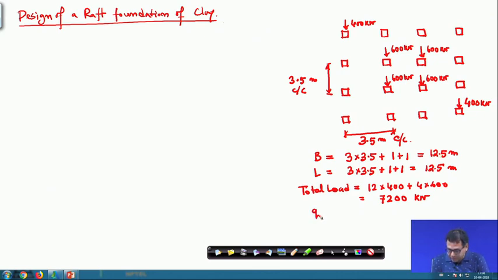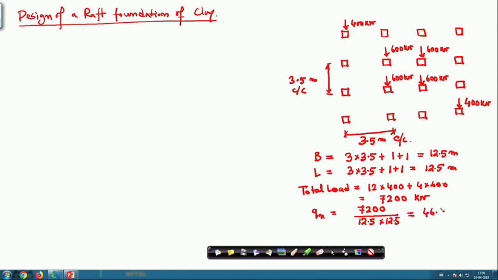So, the net stress acting on the base of the foundation is 7200 divided by 12.5 into 12.5, that is equal to 46.1 kilonewton per meter square. Okay? And we have assumed the depth of foundation is 1.5 meter below the ground level. So, this is the assumption for the first trial.